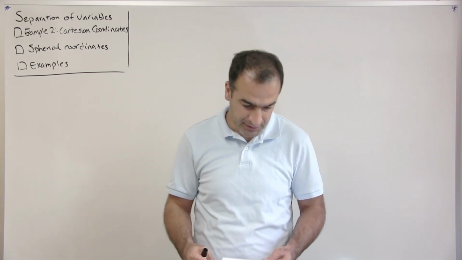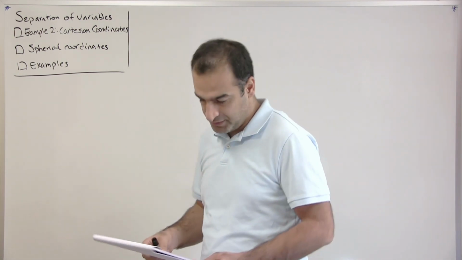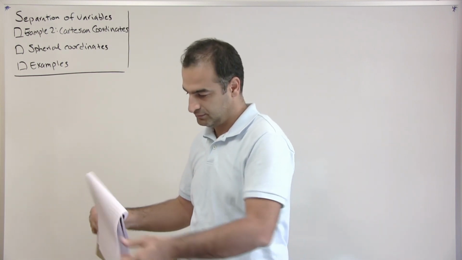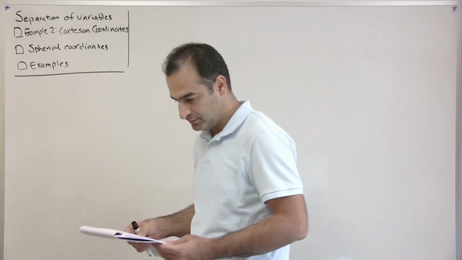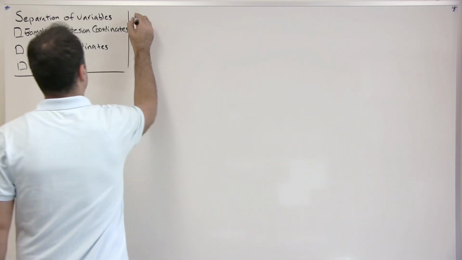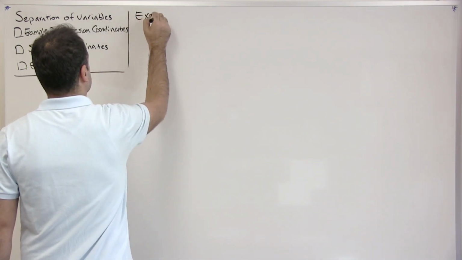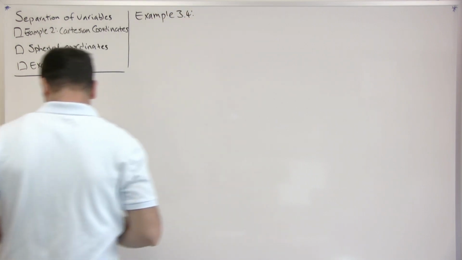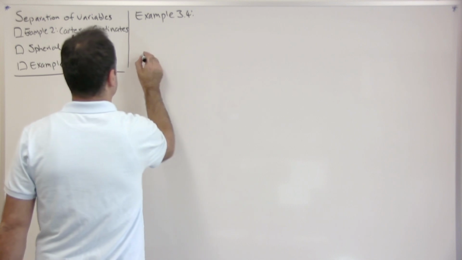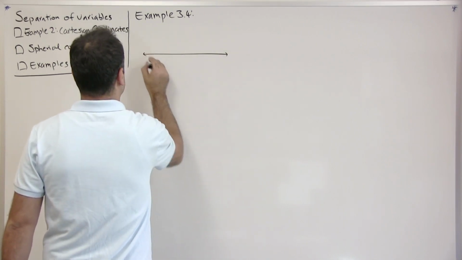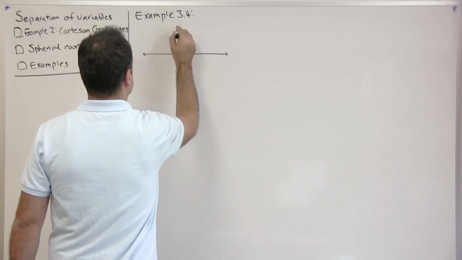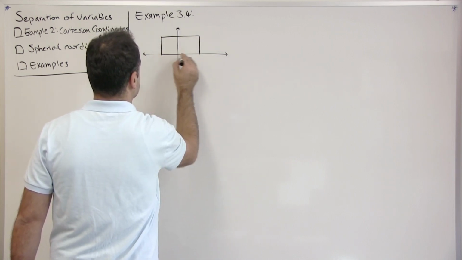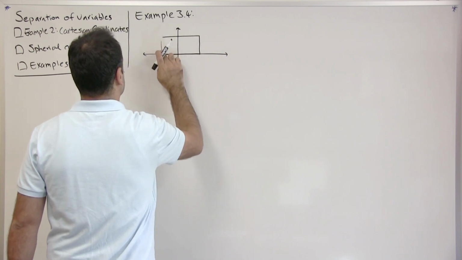Okay. So the example we had was example 3.4 from the textbook. And we had a specific geometry, a rectangle shape.